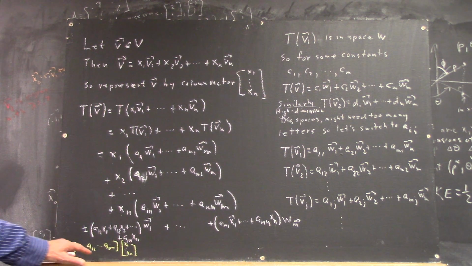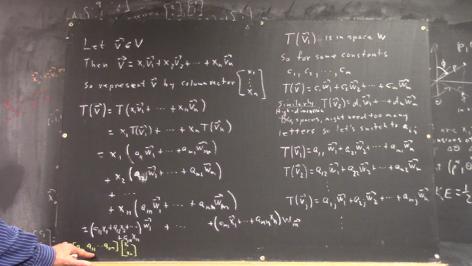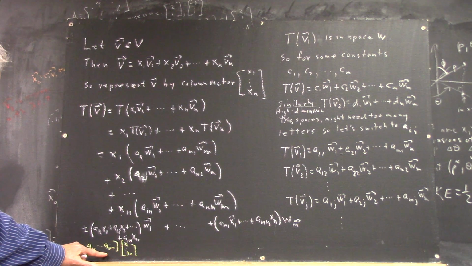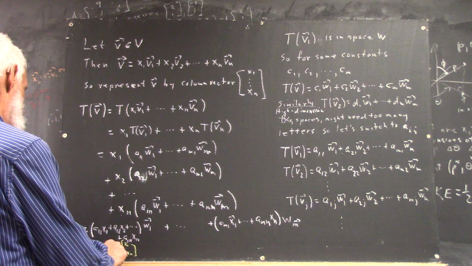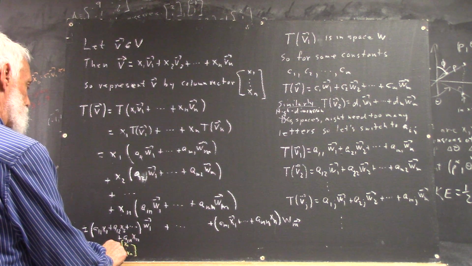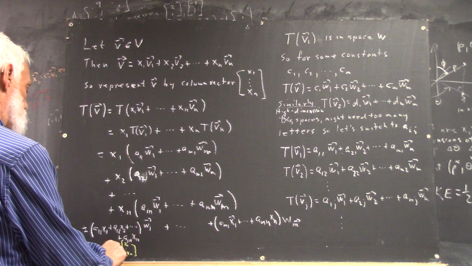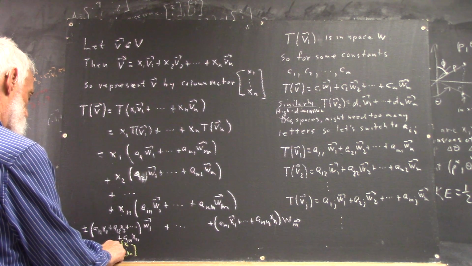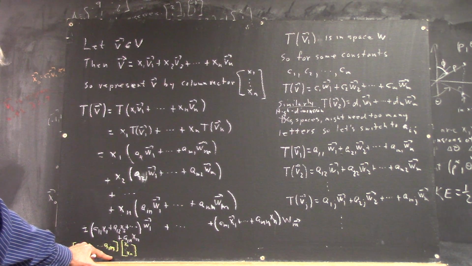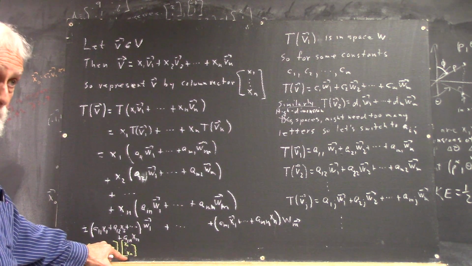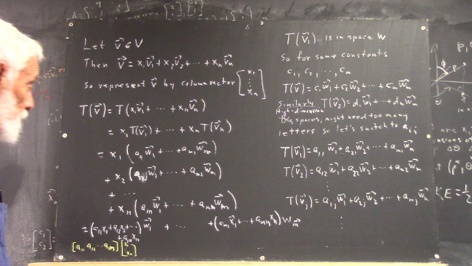Might be a little hard to read. I'll try to rewrite it on the next board. Isn't this just the row A11 through A1N multiplied by the column X1? It's A1N, not A1M. Can't read my own writing. That has to match up, okay? This row times your X column vector, right?